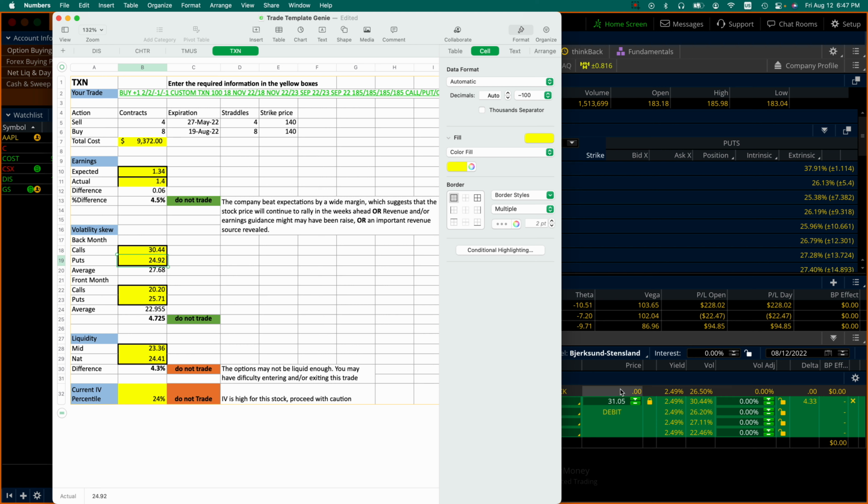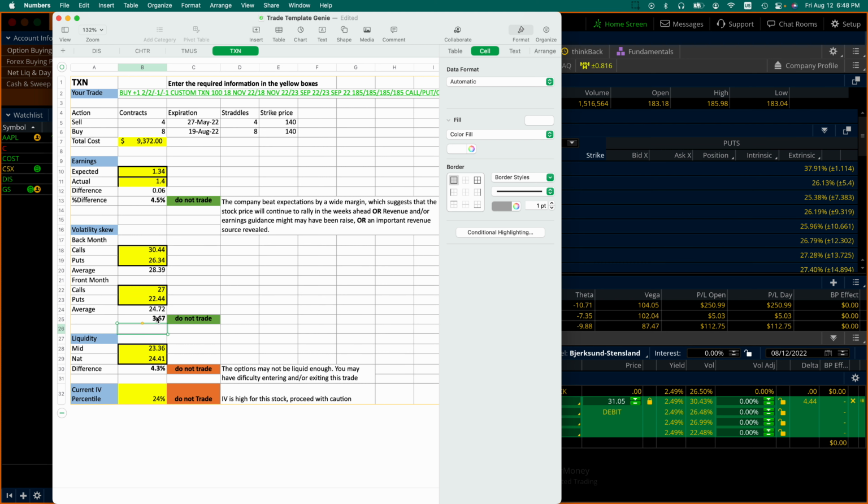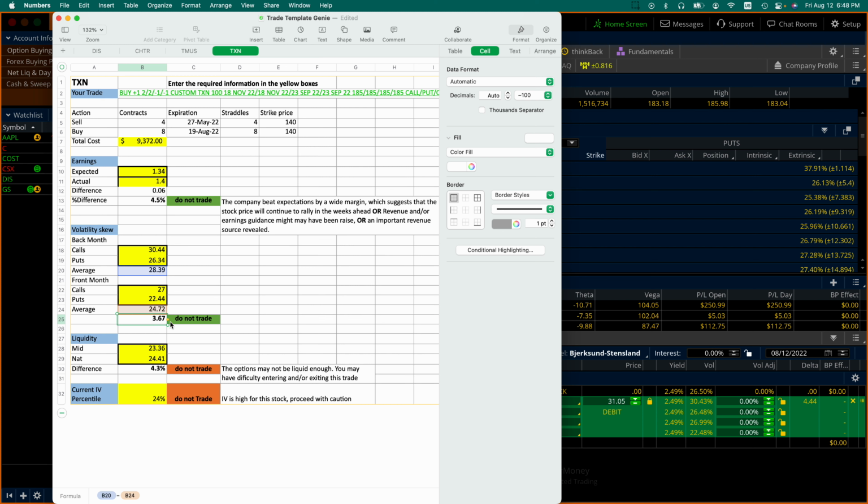I'm copying the volatility here, 26.35 and 27.11, and the 22.44 is just too low. The puts are too low, and the skew is not good, not favorable. It needs to be three or less. Okay, not going to work.